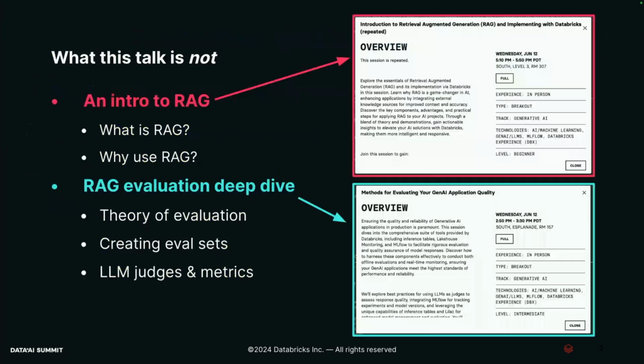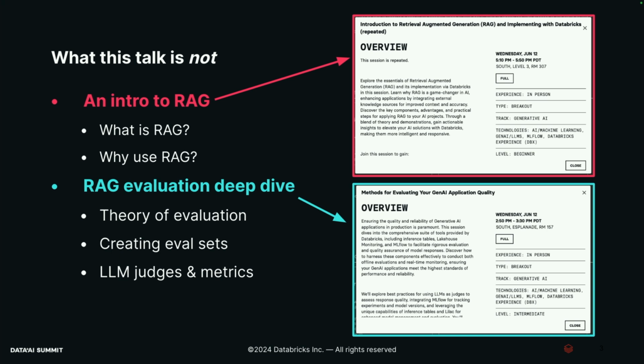Just to set the scene, here is what this talk is not. We're not going to be doing a whole intro to retrieval augmented generation, covering what RAG is and when to use RAG. There are some great talks out there. For an intro to RAG, Ian is going to be giving a talk later today at 5:10. We're also going to be stressing the importance of evals, and we're going to be speaking a lot about evaluation-driven development.